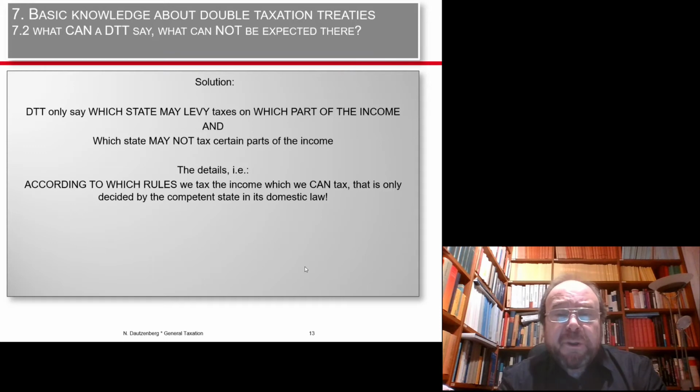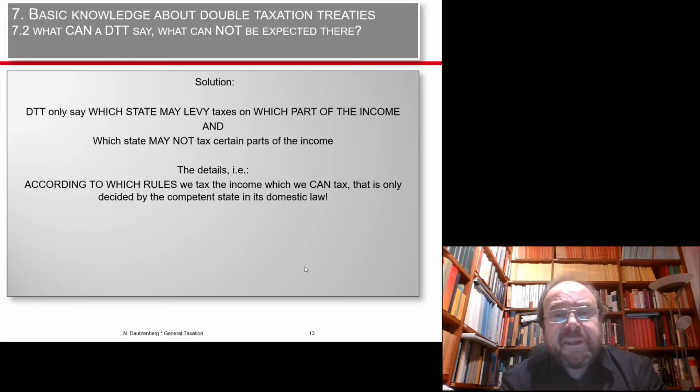So, for the worldwide income of the taxpayer, the double taxation treaty only says the license fees can be taxed by France. The dividends can be taxed by Germany and England jointly. The house in Munich can only be taxed by Germany, and so on.